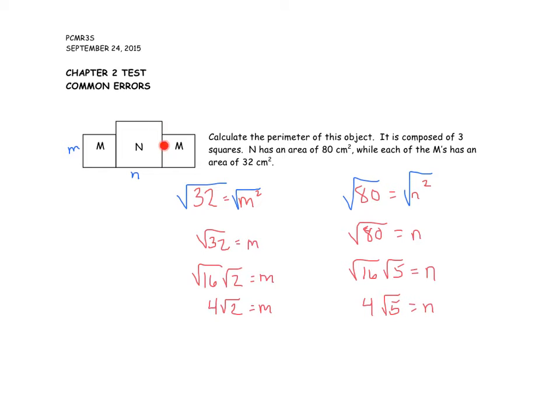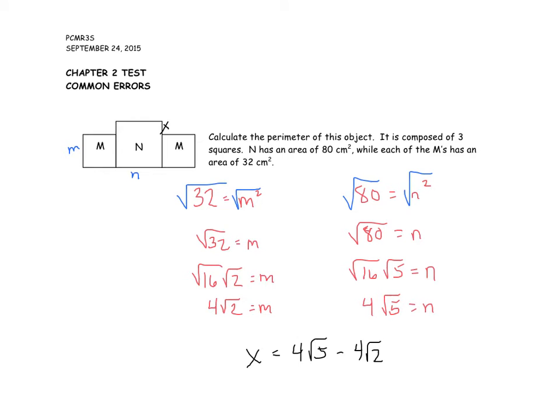So n minus m gives us this little piece. So let's call this little piece x here. And notice that it repeats twice. So x would be equal to 4 square root of 5 minus 4 square root of 2.